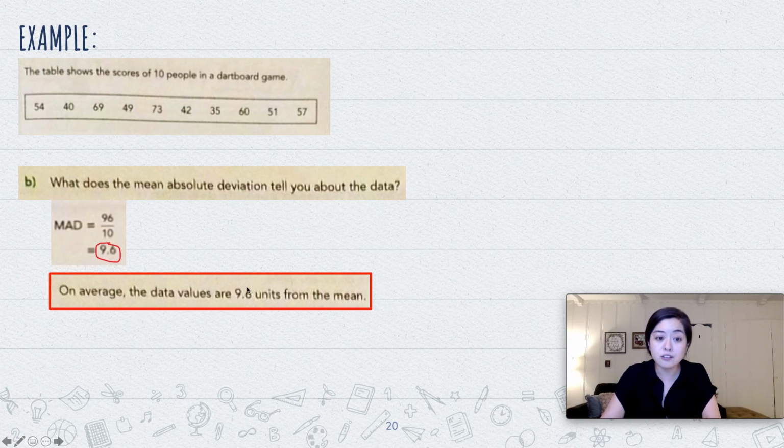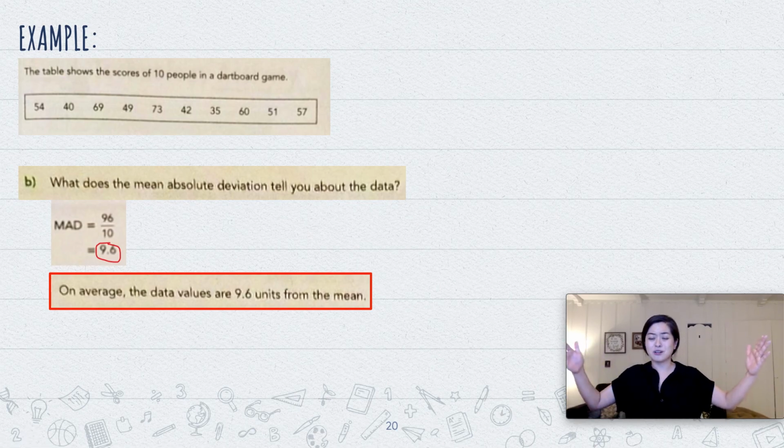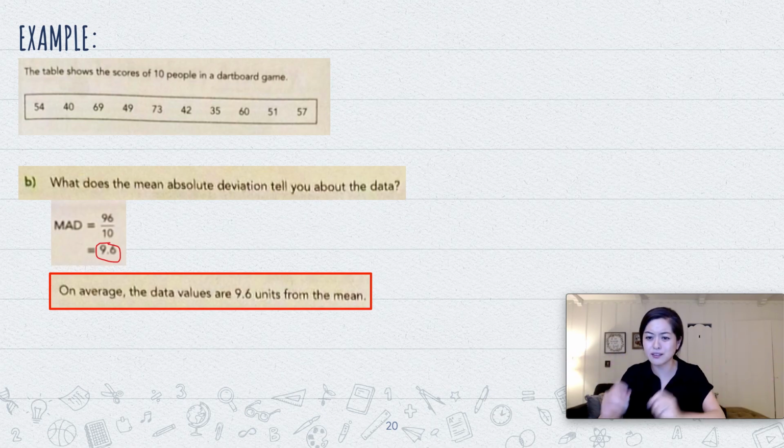If this MAD was, let's say, 20, a lot greater than 9.6, that means a lot of the data values are spread farther away from the mean. So that's what this MAD is about.